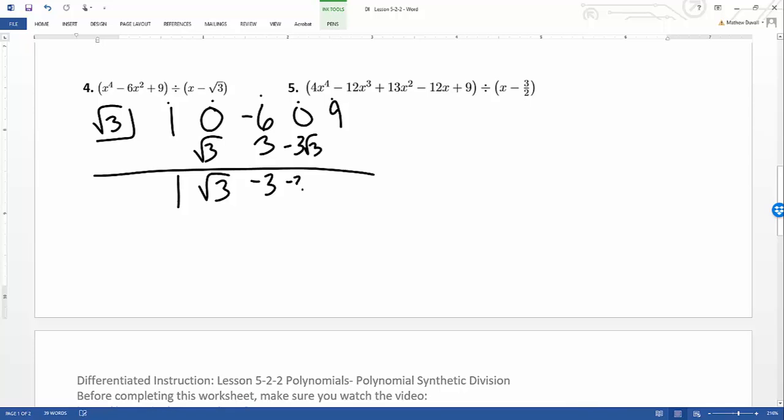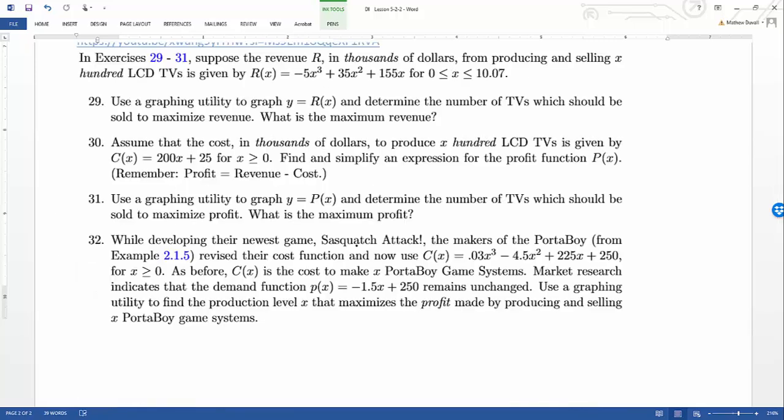Add straight down. Now multiply negative 3 root 3 times root 3. That's negative 3 times root 9. Root 9 is 3, so you get negative 9. Add straight down. So that's my remainder, constant, x squared, x cubed.